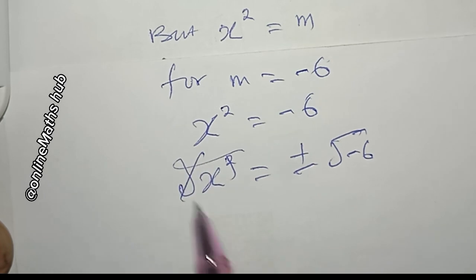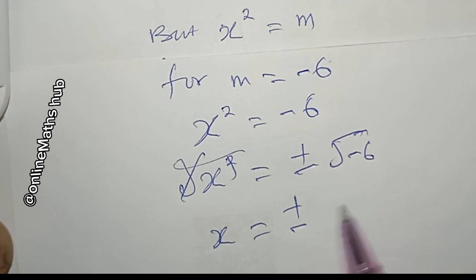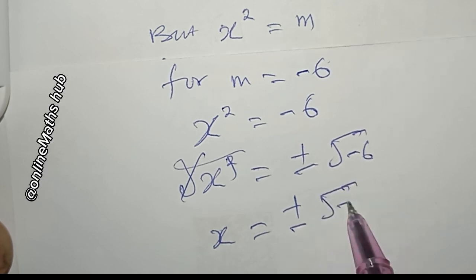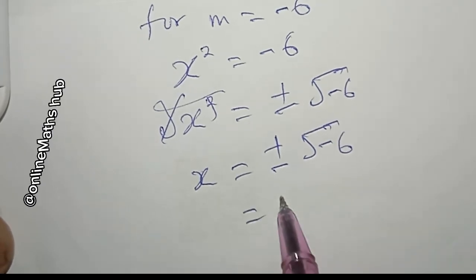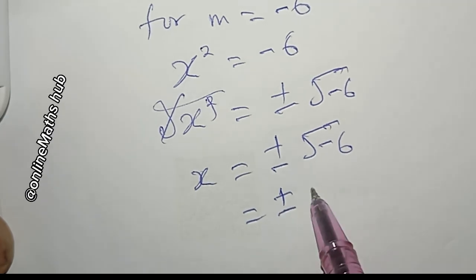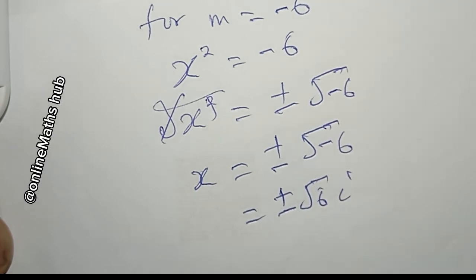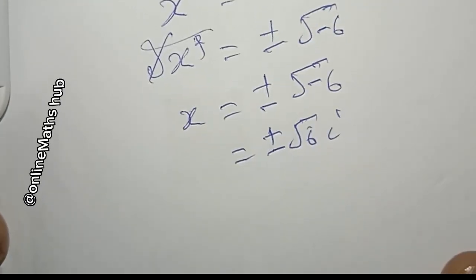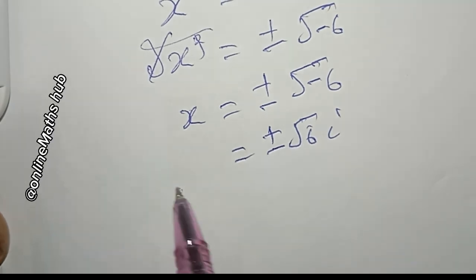When you write this, it gives you plus or minus root 6 i, or i root 6. So these are the first two values of x.